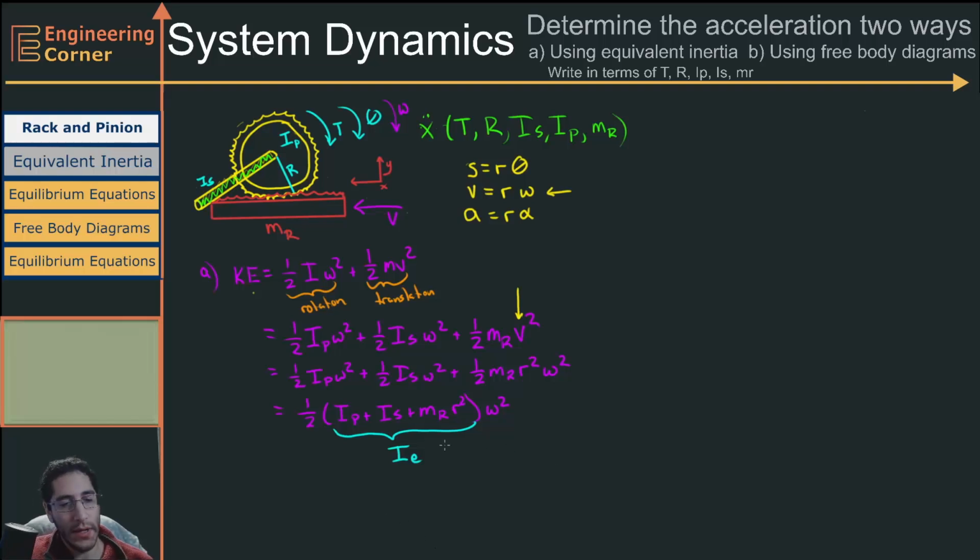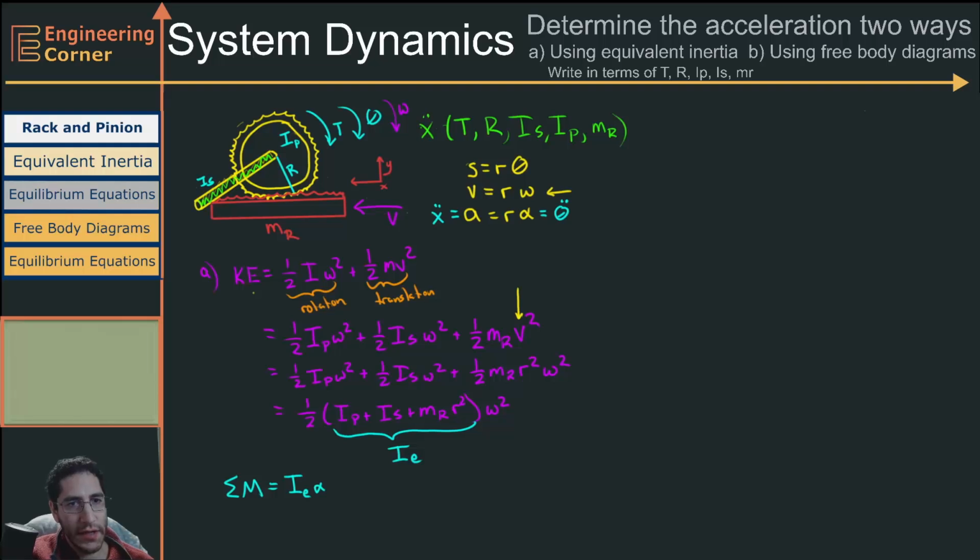So now what we can do is we can use the equation: the sum of our moments is going to be equal to our equivalent inertia times our angular acceleration. And I'm going to write angular acceleration as theta double dot, and I'm going to write acceleration as x double dot. So that's what we're looking to do right here.